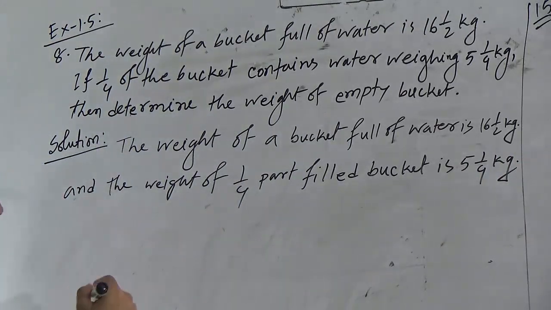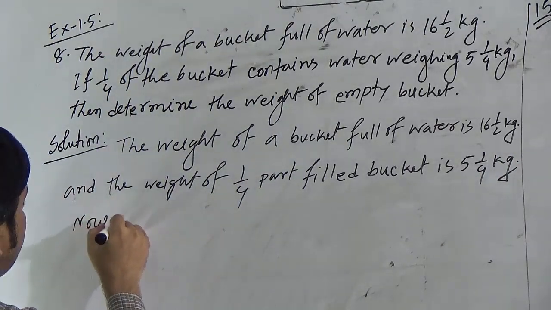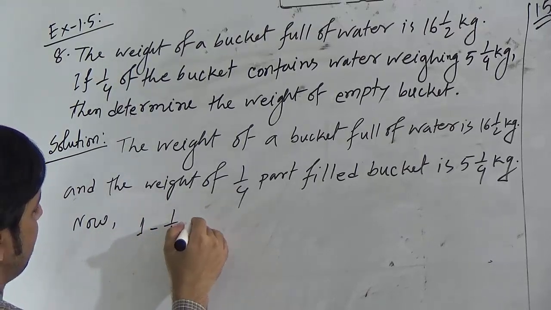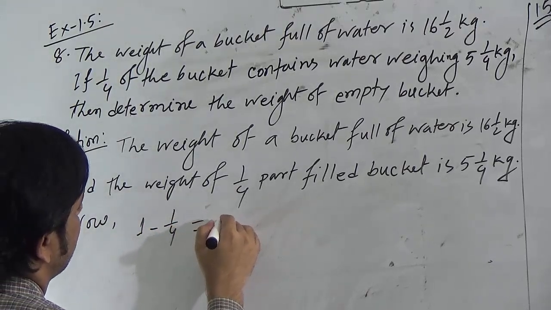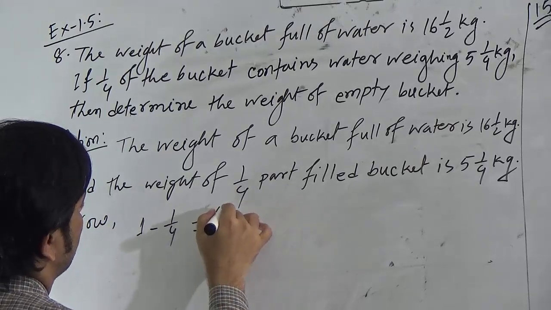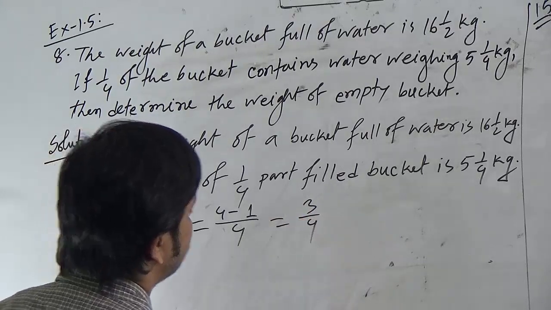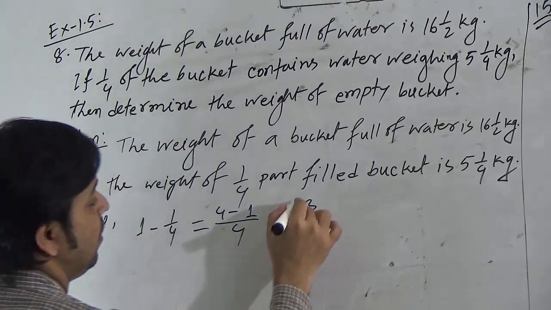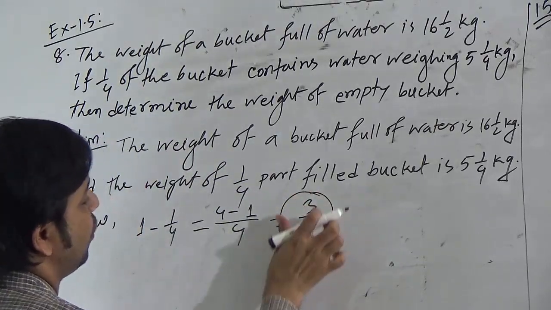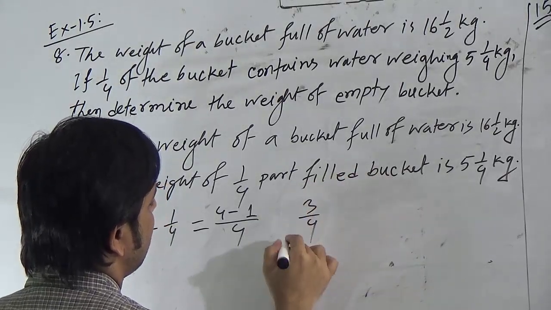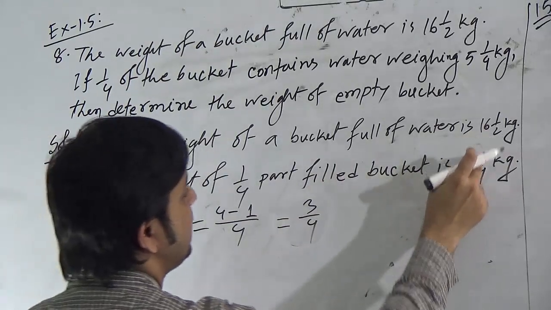So dear students, now at first we subtract 1 by 4 from 1. This will be 4 minus 1, this will be 3 by 4. It means that the weight of 3 by 4 part of only water will be the difference of these two.